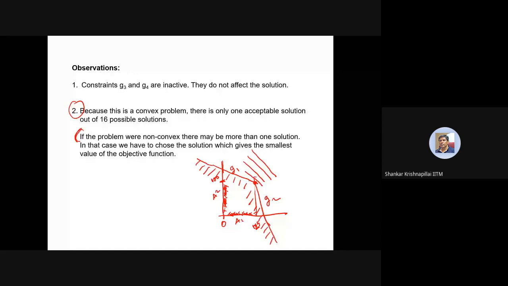That is why it is saying that G3 and G4 are inactive. They are useless constraints. So even if you ignore G3 and G4, you will get the correct answer.